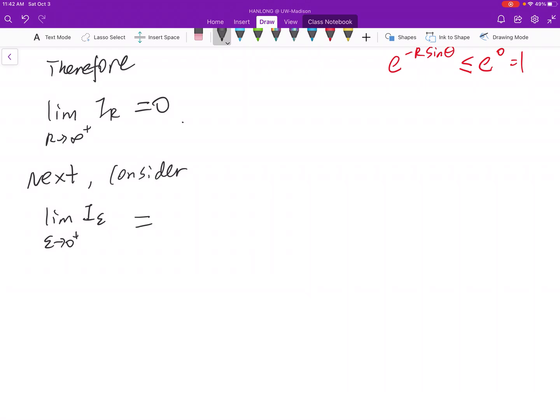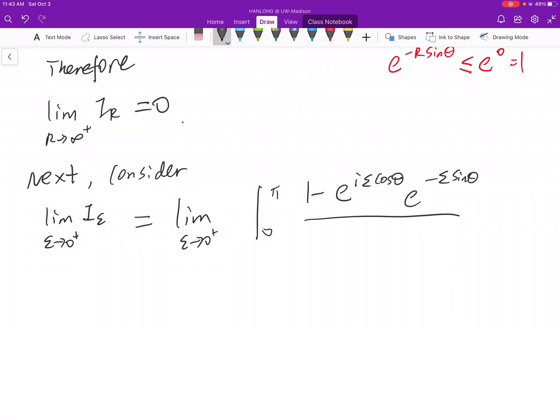So similarly, we first write down the parametrization: 1 minus exponential i epsilon cosine theta, exponential negative epsilon sine theta, over epsilon squared exponential i theta squared, times i epsilon exponential i theta d theta.